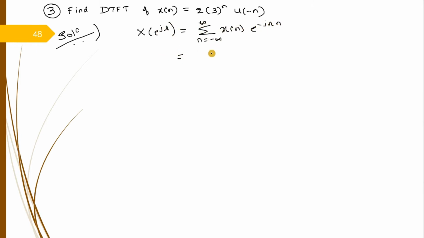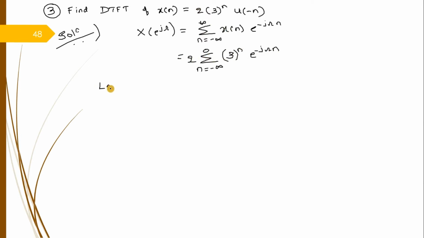For this, if I supply u of minus n, it means n ranges from minus infinity till 0. That's the meaning, right? So this 2 I take outside. So what is that? 3 raised to n e raised to minus j omega n. X of n is 2 into 3 raised to n, so I took the 2 outside and this is what I get.